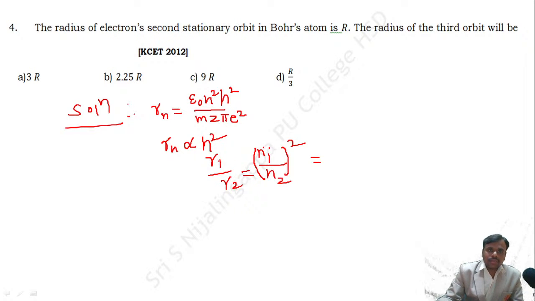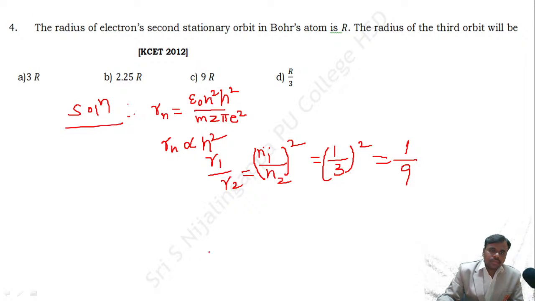Radius of the electron in the second stationary orbit, that is stationary orbit, that represents the N1 is 1. And they ask the radius of the third orbit. Third orbit means here N2 is 3 whole square. After simplifying we get 1 by 9.